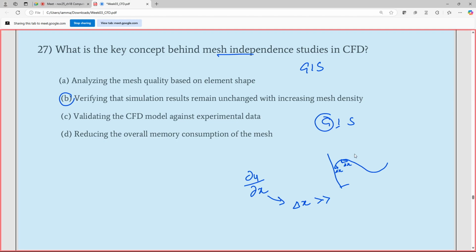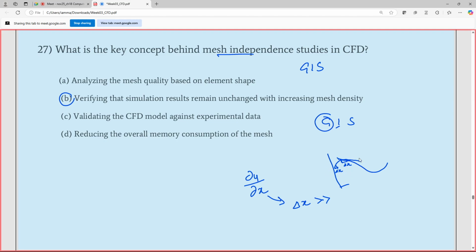Suppose the slope is such that we are assuming this curve portion as a straight line for some small infinitesimal delta x. In the next study we are refining, meaning we are reducing this delta x, but it is still only covering a small portion of the original straight line which was fitted by the previous delta x.